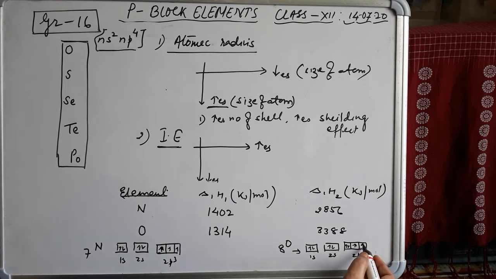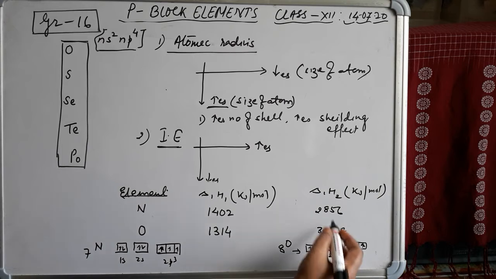So after removal of one electron, oxygen gains extra stability in the form of a half-filled orbital. So the second ionization enthalpy of oxygen will be greater than the second ionization enthalpy of nitrogen. This is the simple way by which you can explain, on the basis of ionization enthalpy, the first and the second ionization enthalpy.